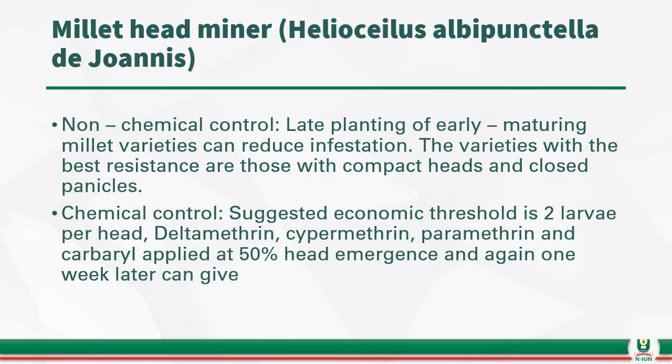So the non-chemical control method is by planting early. You plant the early maturing millet types. When they are already mature, the insects will not be able to attack them anymore because they will have passed the stage that they attack.